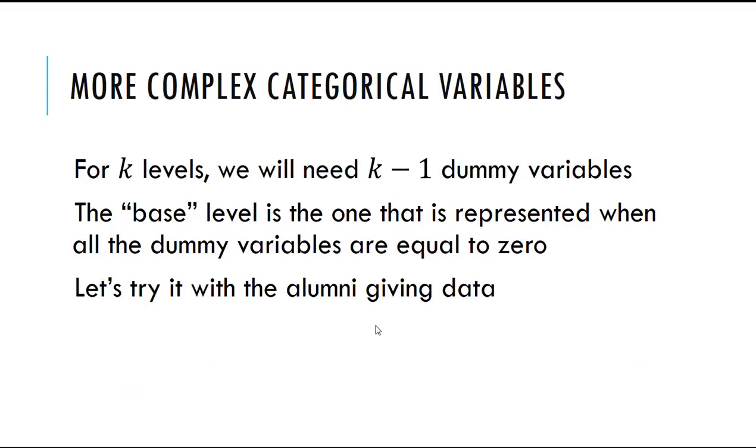For more complex categorical variables, like we saw in the alumni giving example, for K levels we need K minus 1 dummy variables. We had 4 regions, so we needed 3 dummy variables. And again, the base level is the one that's represented when all the dummy variables are equal to 0, the one we leave out. So we did that with the alumni giving last time, right?